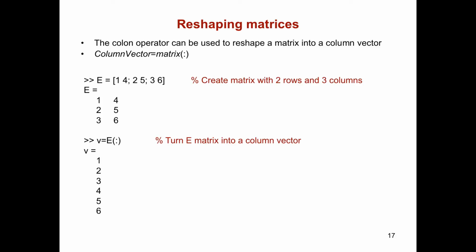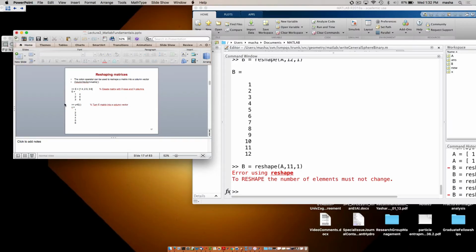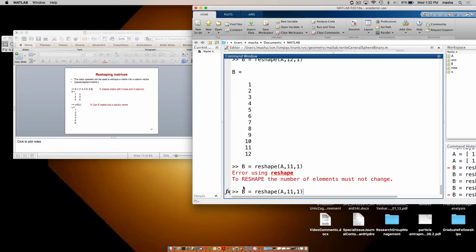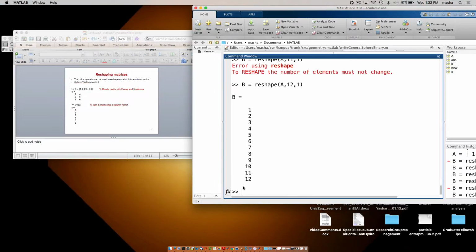One cool thing: if I just want to put the matrix in a column vector form, just dump every column after each other, then you just do this. So this is just a shorthand notation for essentially reshaping of this. This reshaping is the same as if I've typed in the following.